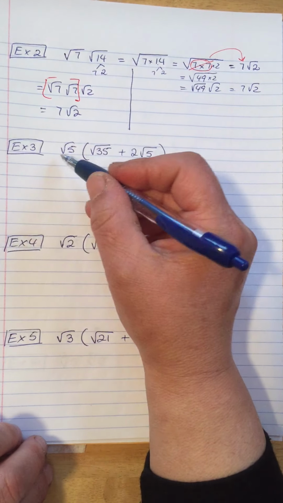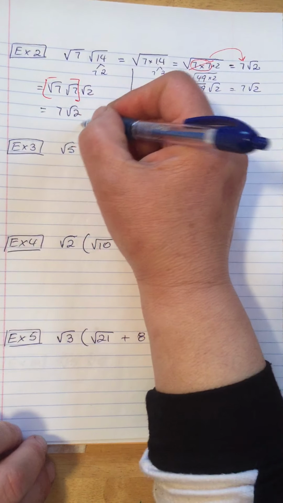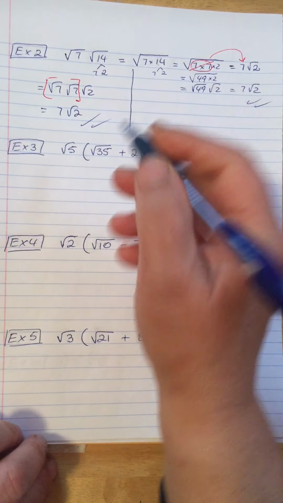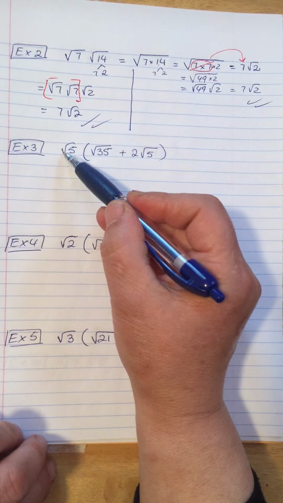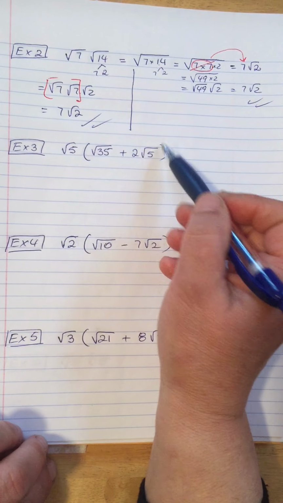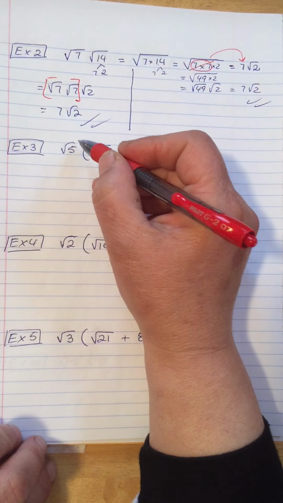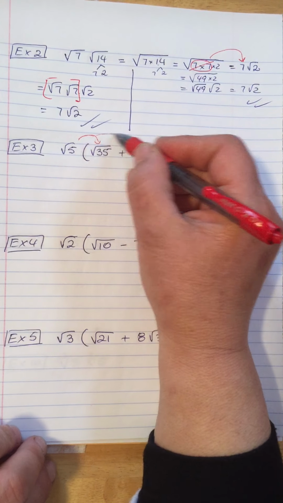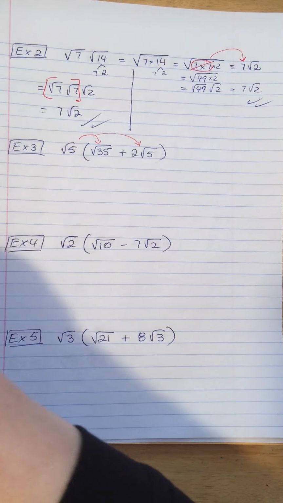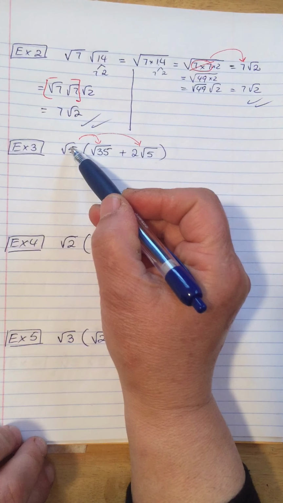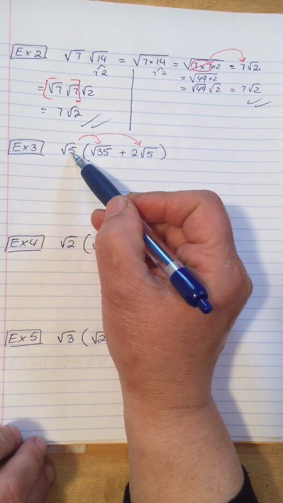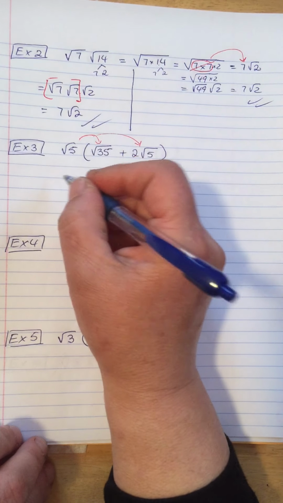Now, example 3. I have to multiply the square root of 5 with an expression. And what do we know here? We know that we have to use the distribution property. But I'm multiplying by the square root of 5. Let me go and distribute.